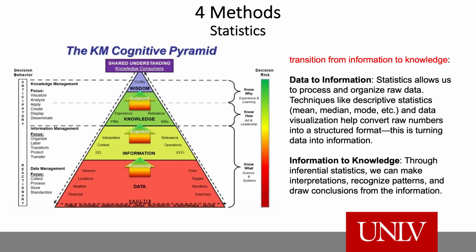Methods such as regression analysis and hypothesis testing allow us to evaluate relationships among variables, test assumptions, and draw conclusions that extend beyond the observed data. This ability to interpret patterns and make evidence-based conclusions allows statistical results to guide decision-making and practical problem-solving.